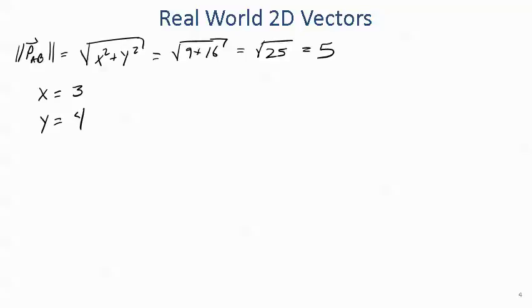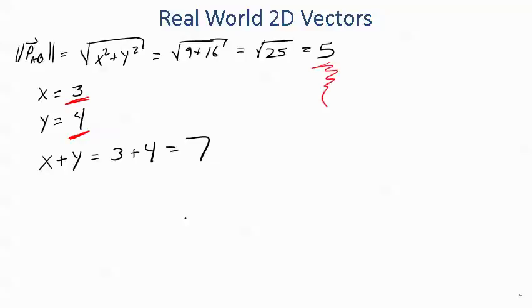So if we look at the distance involved in walking over the street, that's x plus y equals 3 plus 4, which equals 7. So you see that it is longer to walk along the street than it is to fly straight over as the crow flies. But the interesting thing is that this distance, 3, and this distance, 4, are easy to get because we can just walk along the street and measure them.